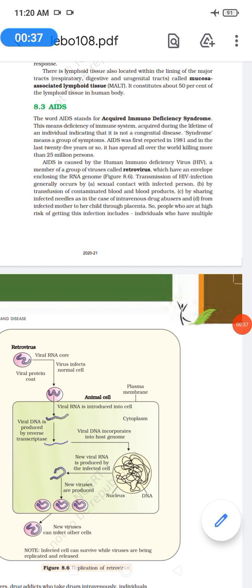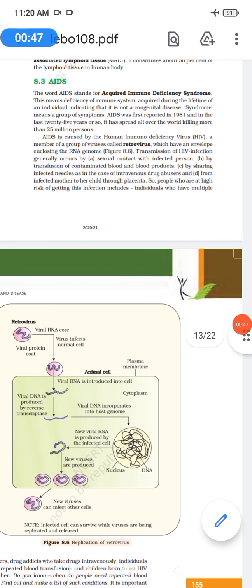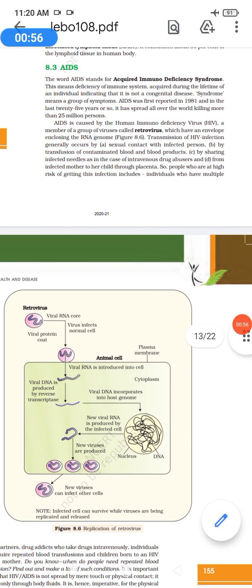AIDS is caused by the human immunodeficiency virus, which is HIV, a member of a group of viruses called retroviruses, which have an envelope enclosing the RNA genome.